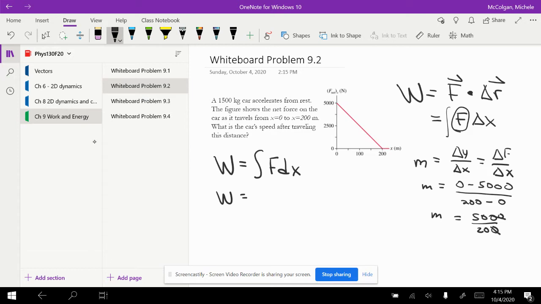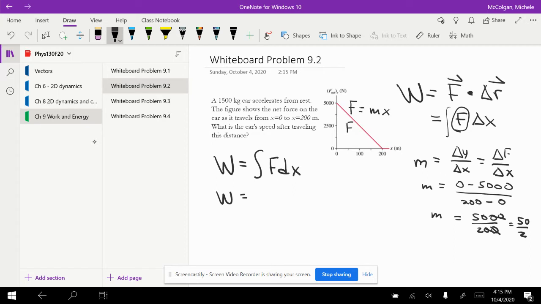And so that's just 50 over 2. So that's going to be our slope. And so this line is going to be F equal to the slope times x.